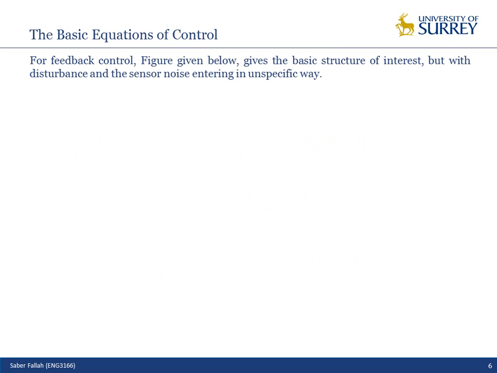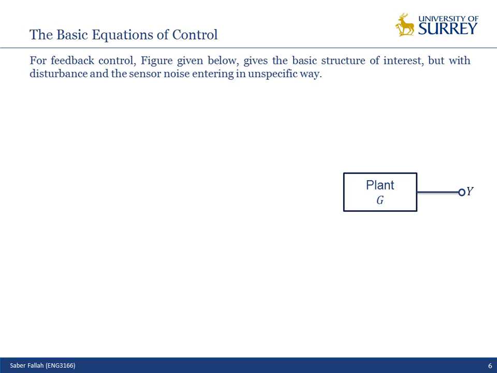For the feedback control system, with the figure given below, we want to see how we can calculate the error. Again, what we want to control is the plant, with transfer function G. To control the plant, we need some information about the output of the system, so we need to take feedback.